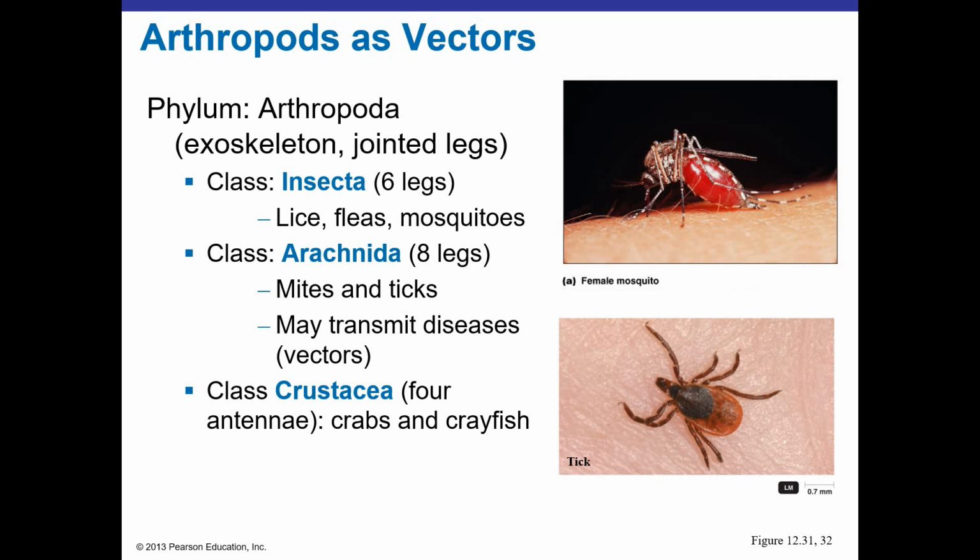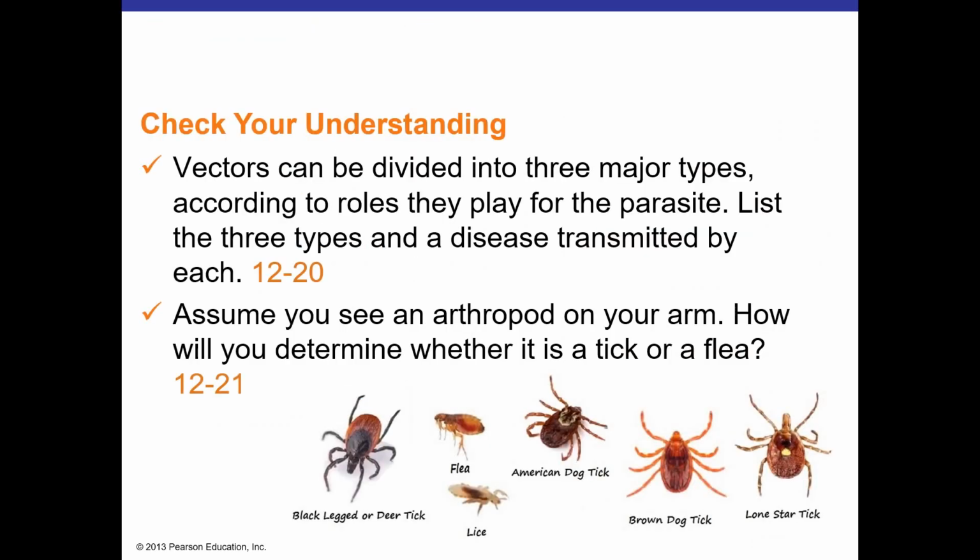Note that spiders do not. So people are afraid of spiders, but the best that a spider can do is maybe have some venom, but it's not going to be something that is going to harbor these parasitic organisms. The crustacea, as we saw, crabs and crayfish can be part of the life cycle as well.